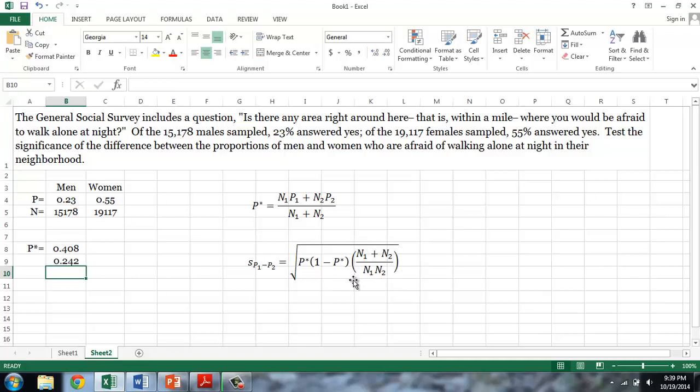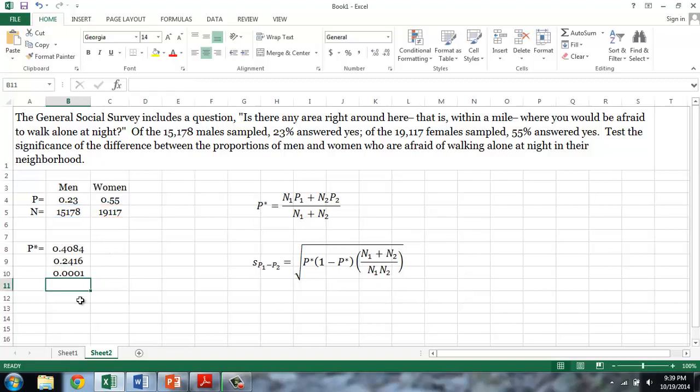Next, I'll calculate the last term, which is the sum of the sample sizes divided by the product of the sample sizes, or equals, open parentheses, our first n plus our second n, close parentheses, divided by n1 times n2, which, generally speaking, will be a very small number.